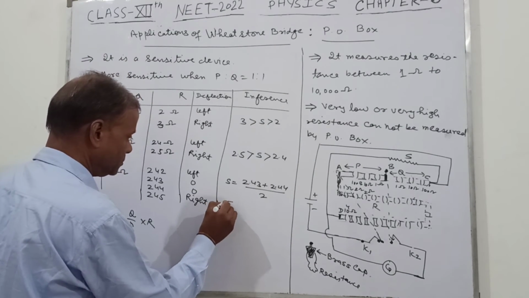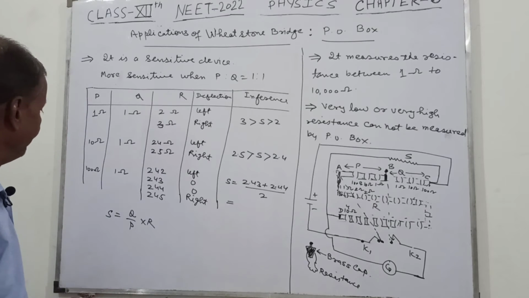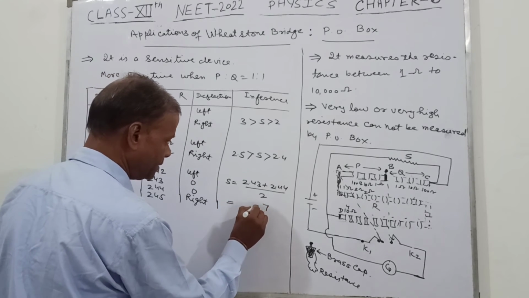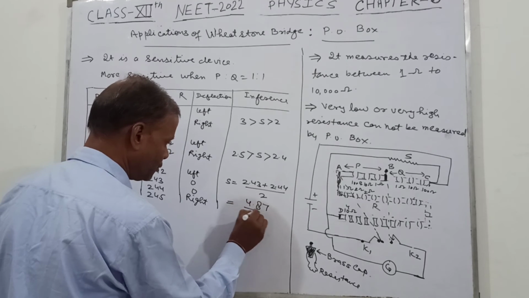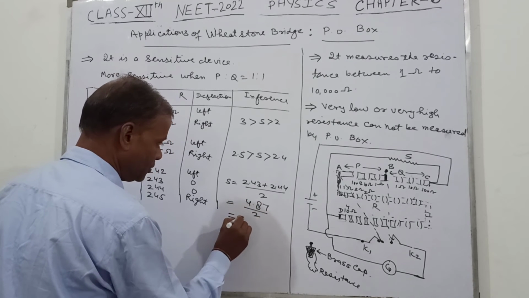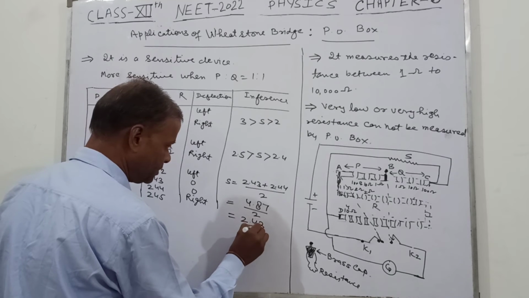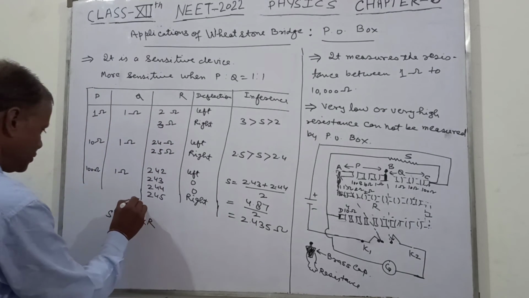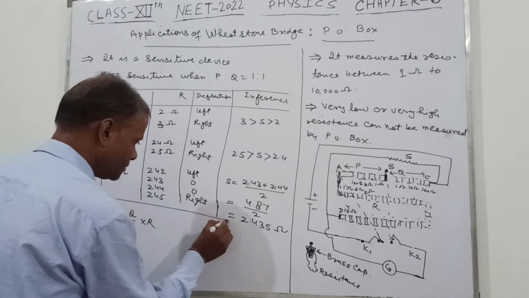So this you can get, 2.43 plus 2.44 upon 2. So this is now your 2.435 ohm. This is the resistance.